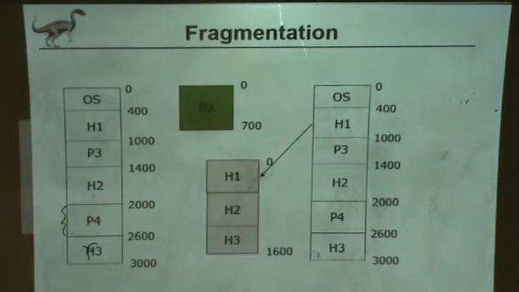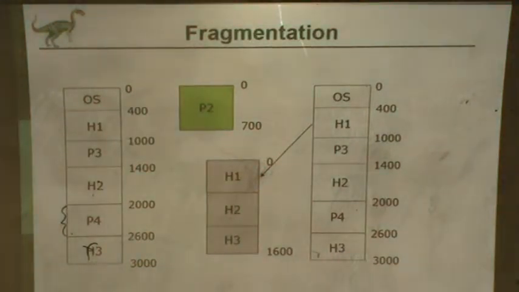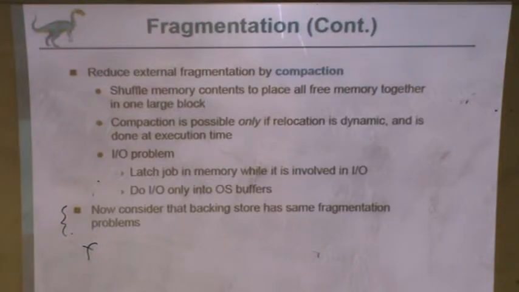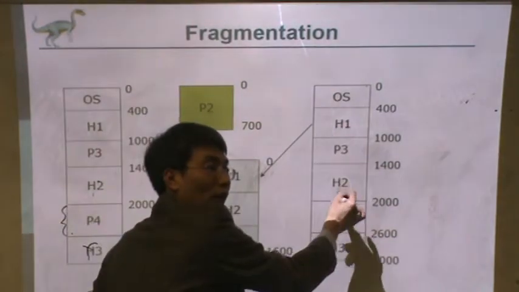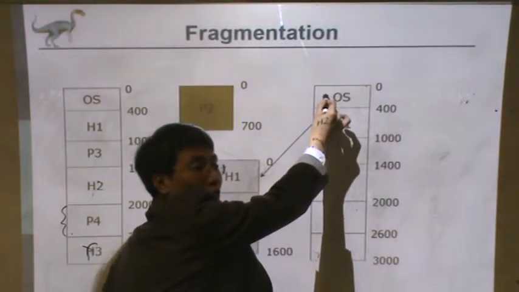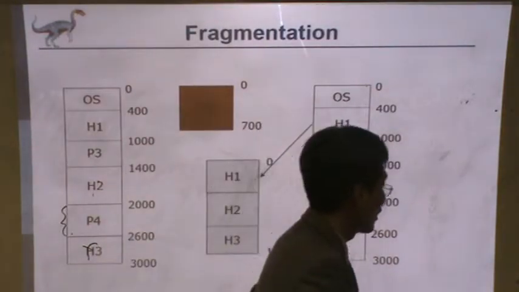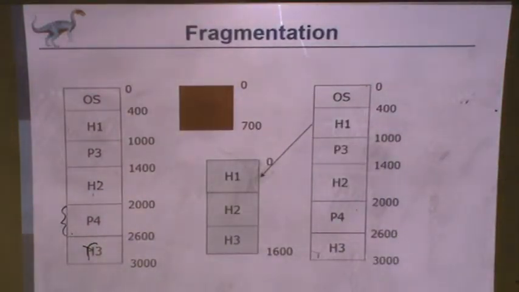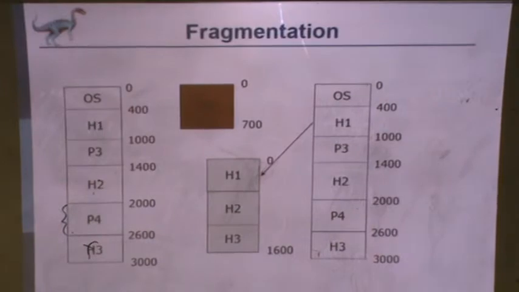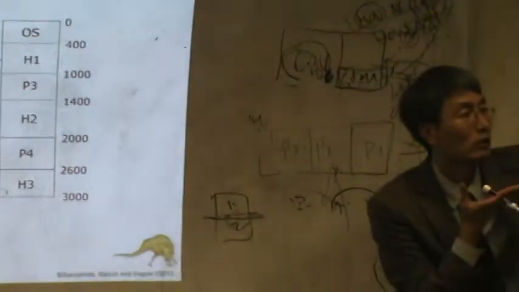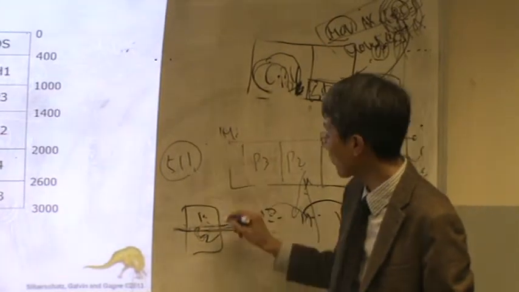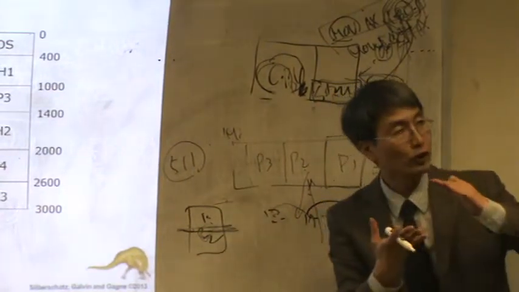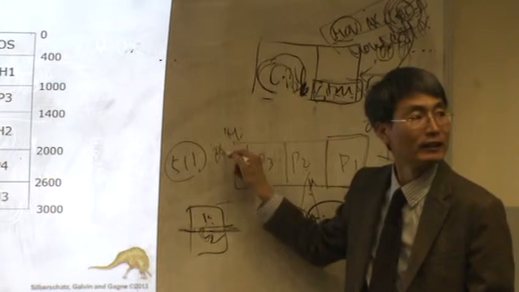How do you differentiate between external and internal? External fragmentation is like this one, chunk by chunk. Internal is something you cannot avoid because of the unit of I/O. So for example, 551 bytes are needed for the memory, but the minimum unit is, for example, 8 bytes.